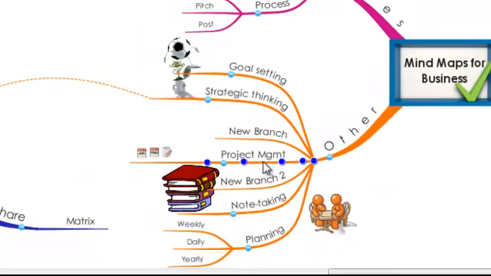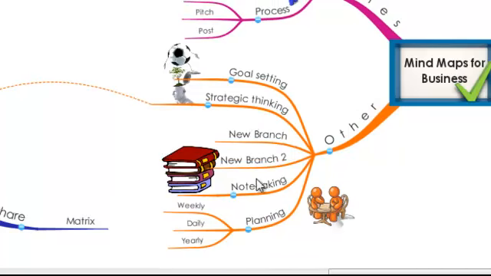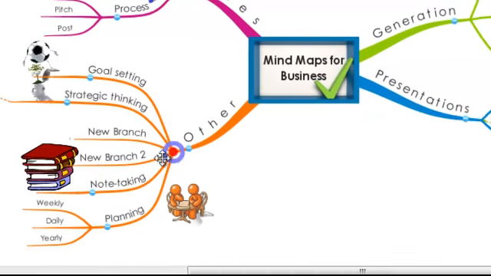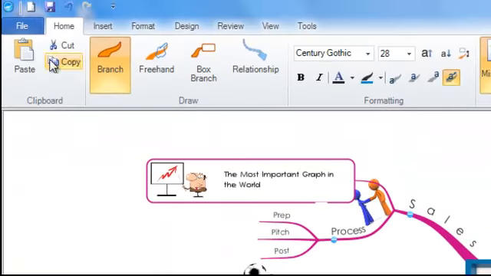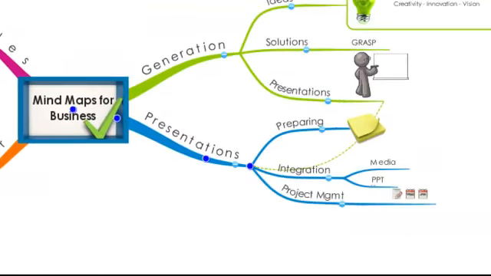What I'm going to do is cut a branch from my mind map. I'm going to go to Home here, Cut, and you will see that again the white space was reduced and the branches moved into position so that there's no gap. I'm now going to go to Presentations and paste my branch, and it's been added in there, and you would have seen that the branches move to accommodate that.